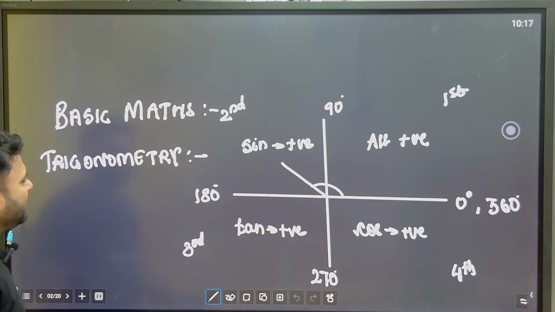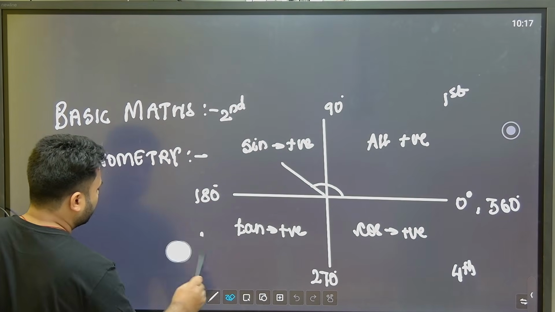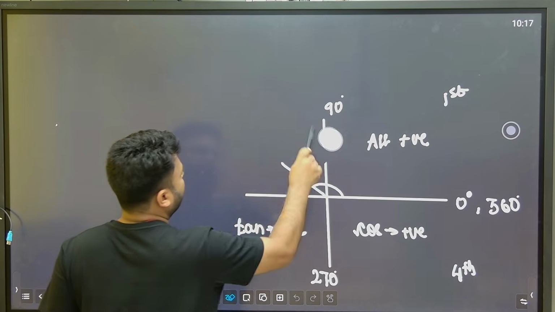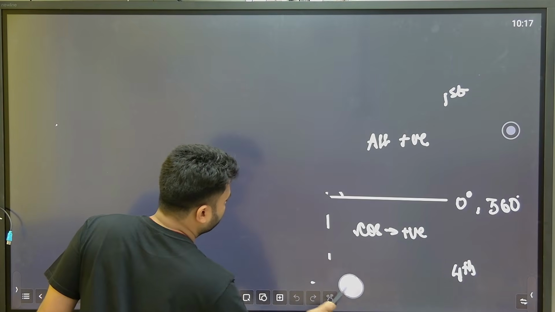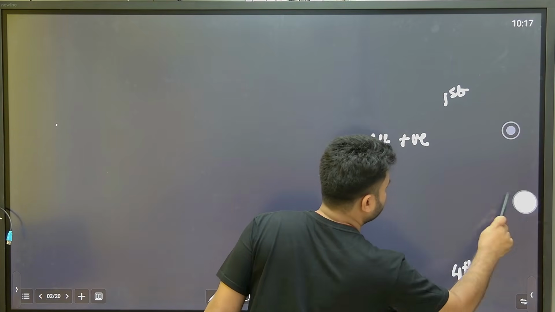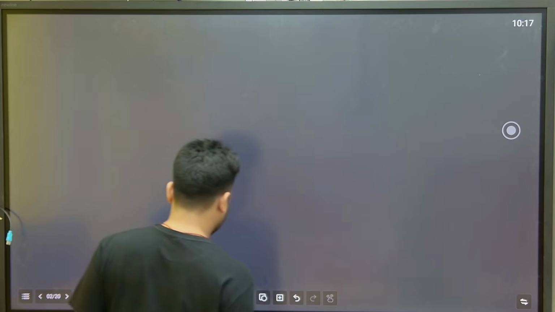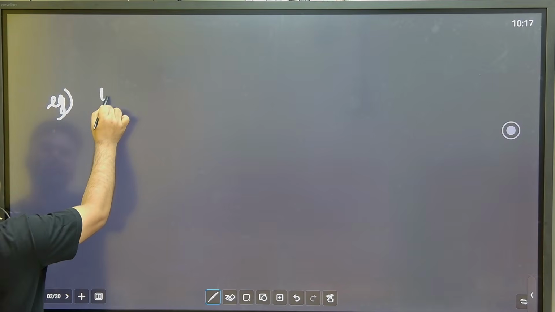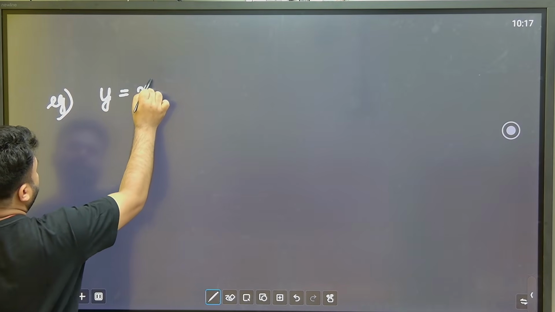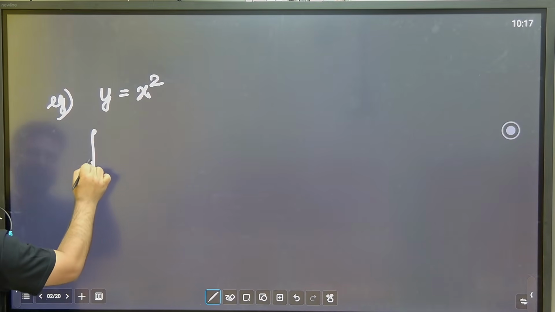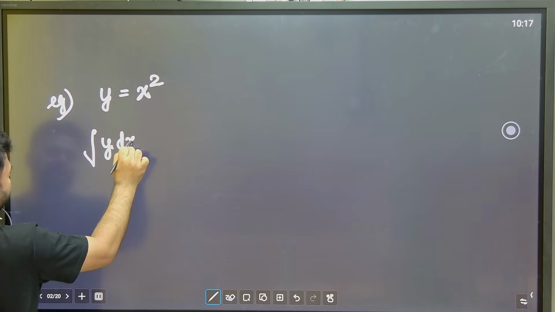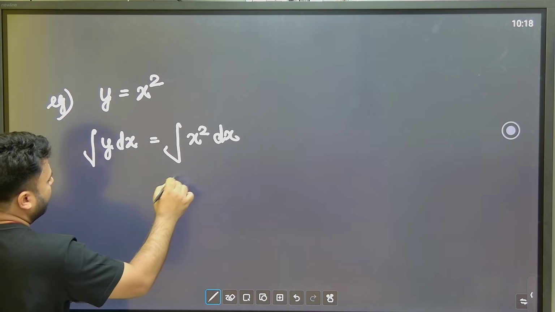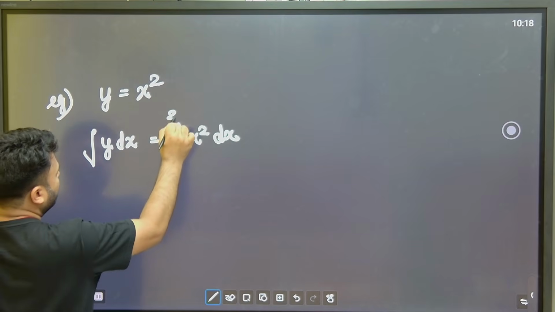One last thing I want to tell you, that limits, how we put limits. How we put the limits and get the answer. For example, y equals to x square and we have to integrate from 1 to 2.